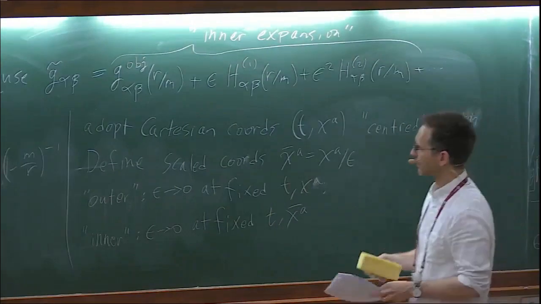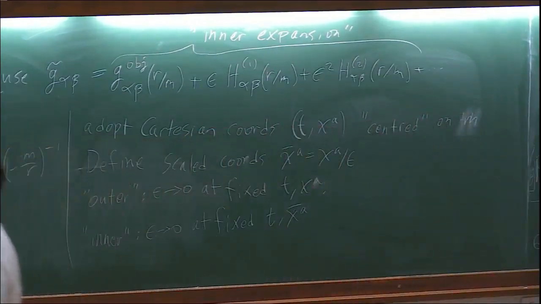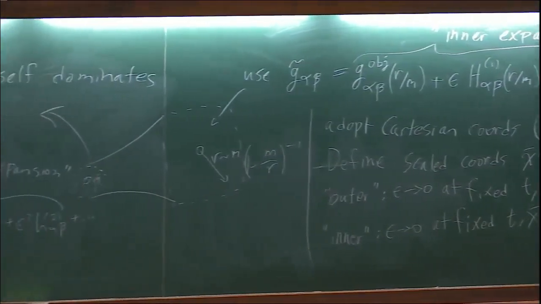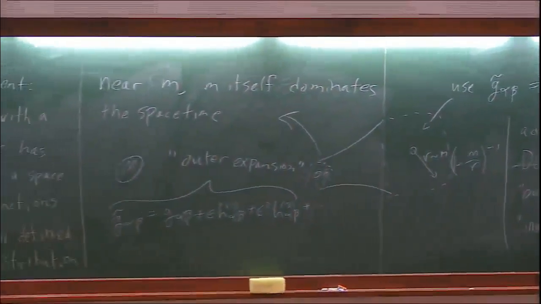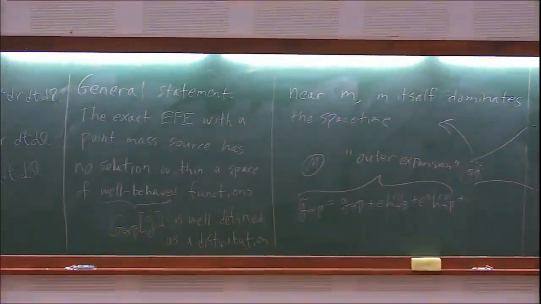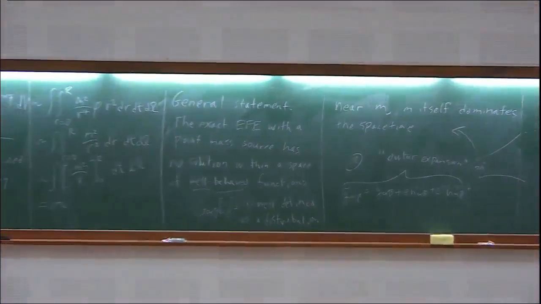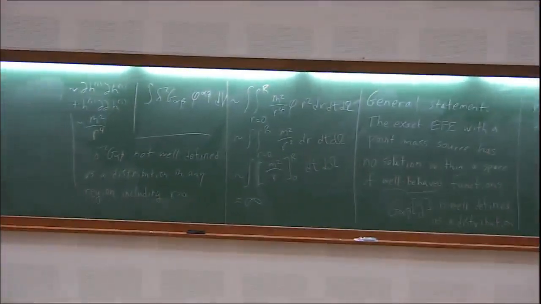So what do these two limits correspond to physically? In the outer expansion, you're looking at the limit where the small object is shrinking down to 0 mass and 0 size, while holding external length scales, such as capital M, fixed.